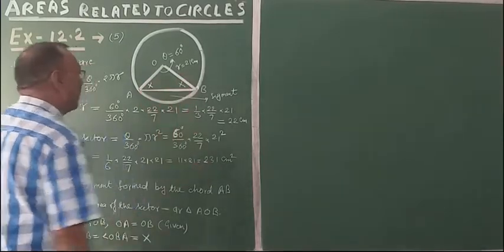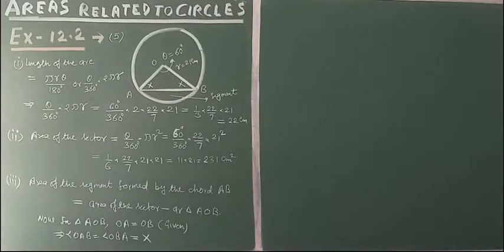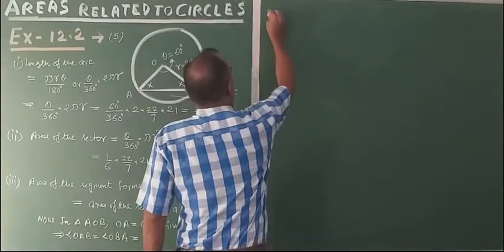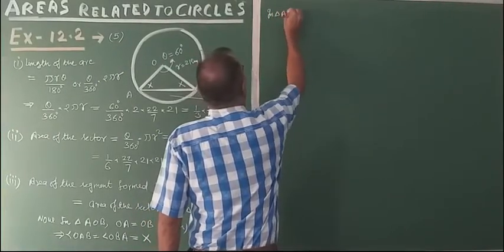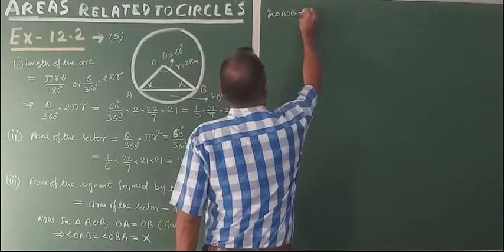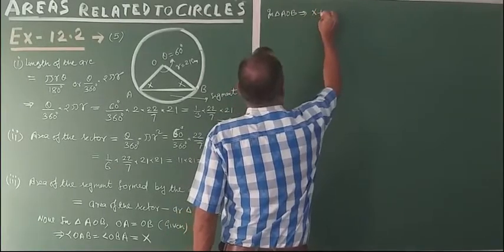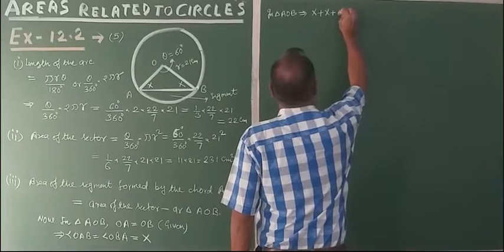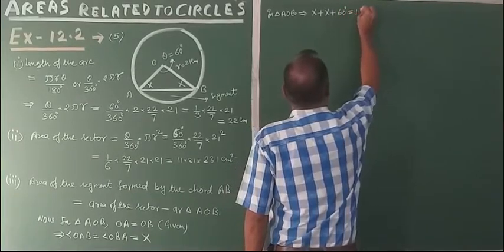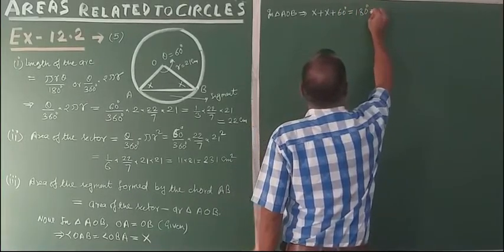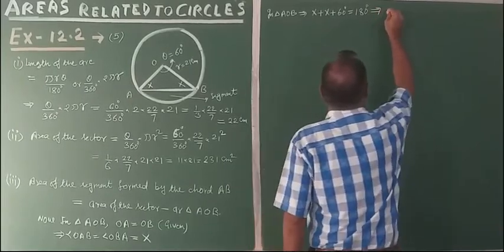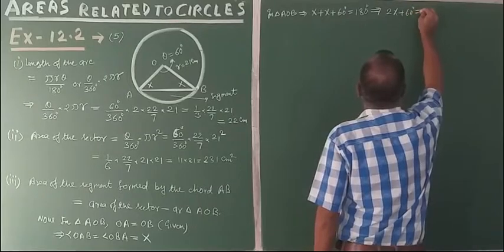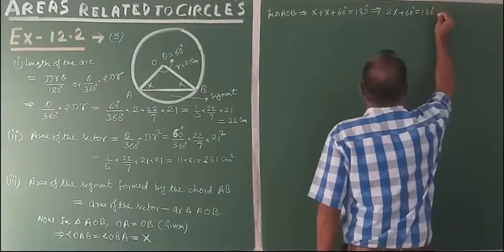Now, in triangle AOB, using the angle sum property, look at all three angles: X plus X, and this angle is given as 60 degree. Their sum will be 180 degree. From here we can write 2X plus 60 is equal to 180 degree.